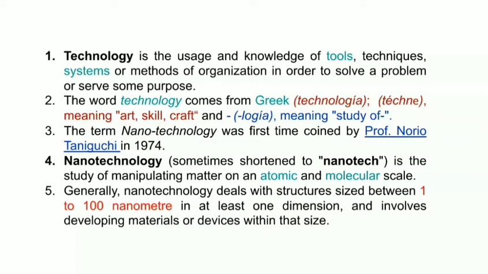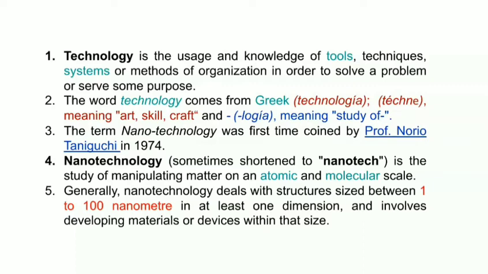Nanotechnology is sometimes also referred to by experts as nanotech. Nanotech is a short form of nanotechnology and is the study of manipulating matter on an atomic or molecular scale.